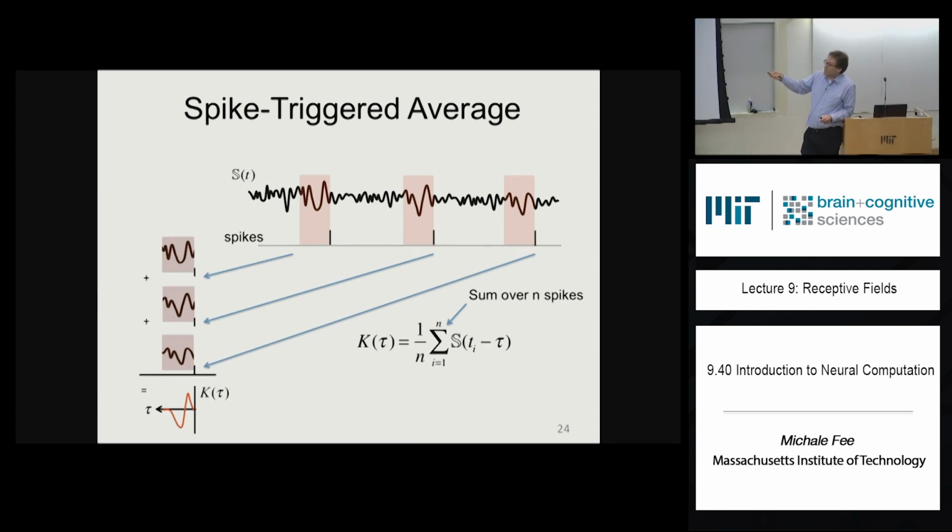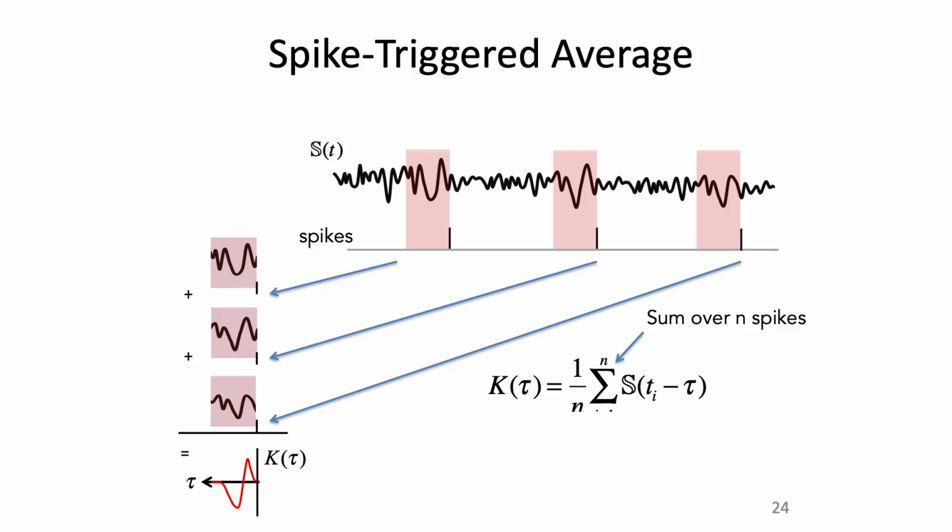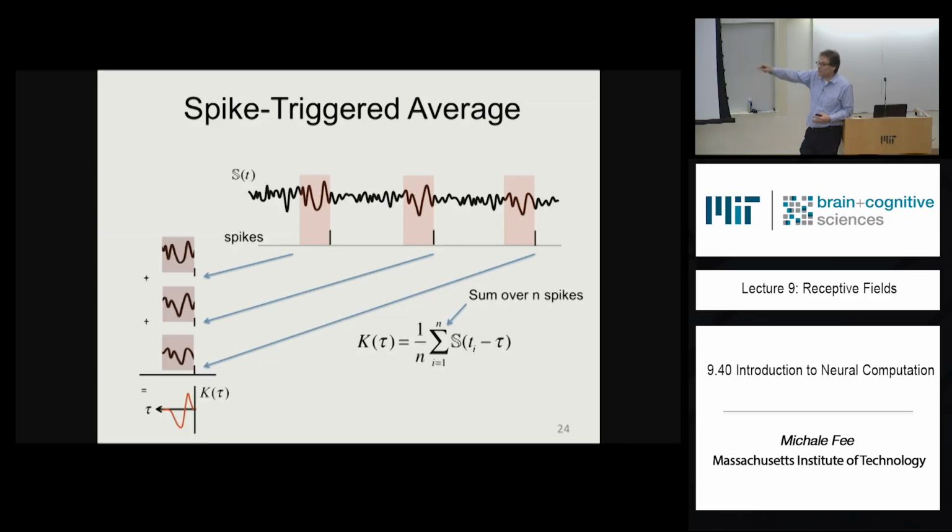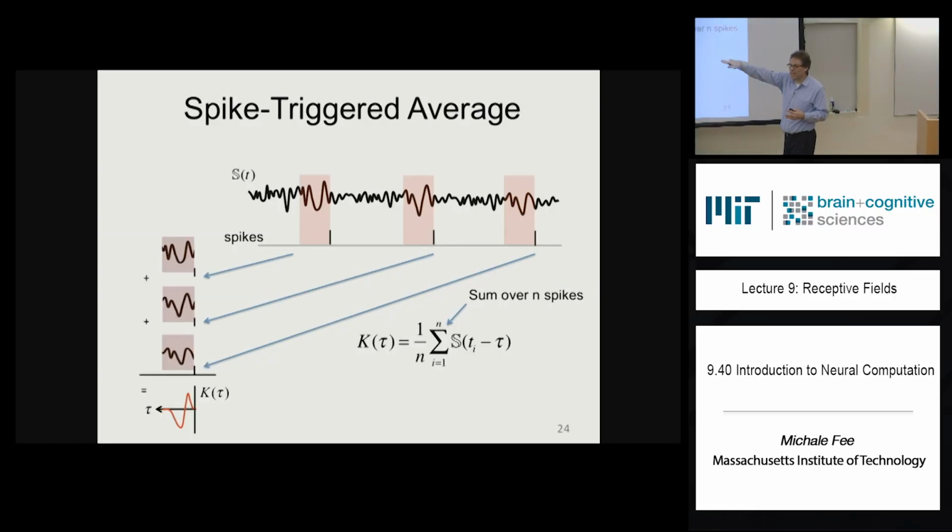And white noise stimulus comes from the idea that when you take the spectrum, we're going to get into spectra next week, but when you look at the spectrum of the stimulus and you take the Fourier transform of it and look at how much power there is as a function of frequency, the spectrum is flat, okay? And just like in colors, white light has a flat spectrum.